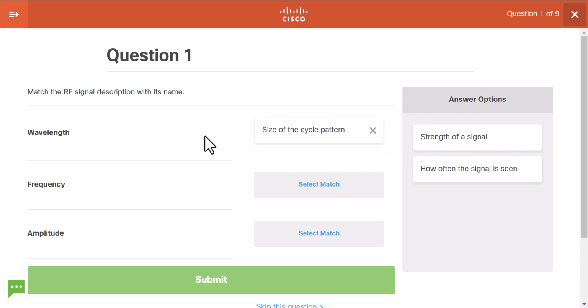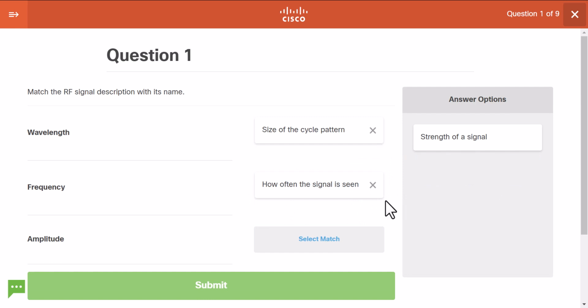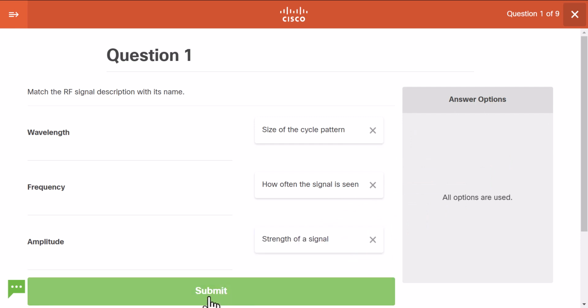Or you can take peaks, or you can take valleys, or crossings over the zero, doesn't matter, right? So basically it's the distance between the waves. Frequency is how often the signal is seen, typically measured in number of cycles in 1 second. And amplitude is the strength of the signal. This is the correct answer.